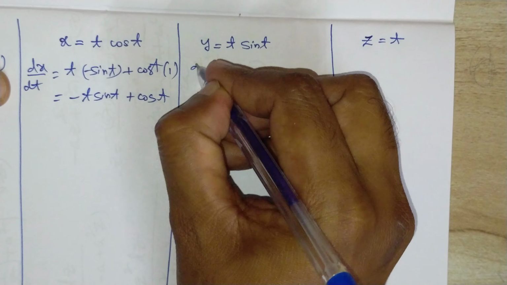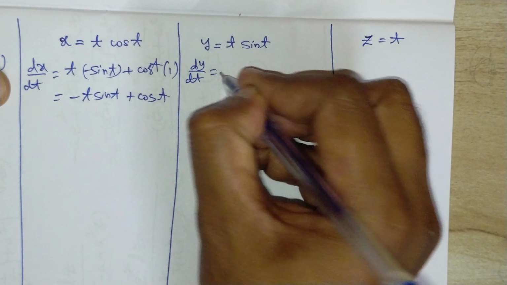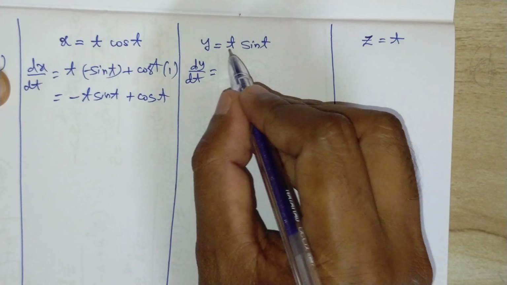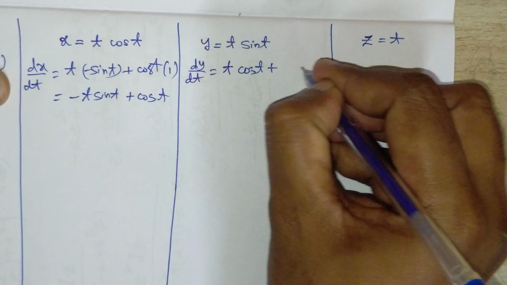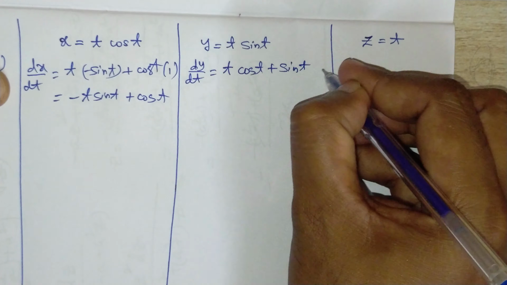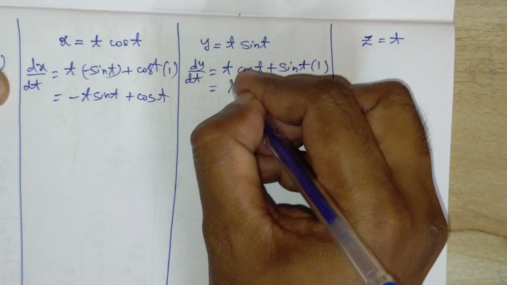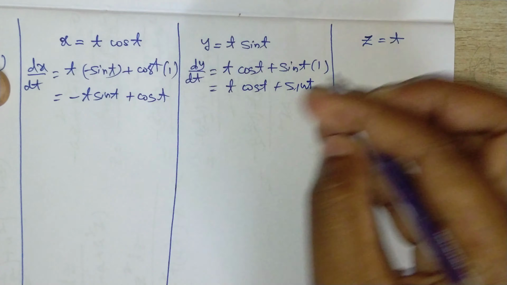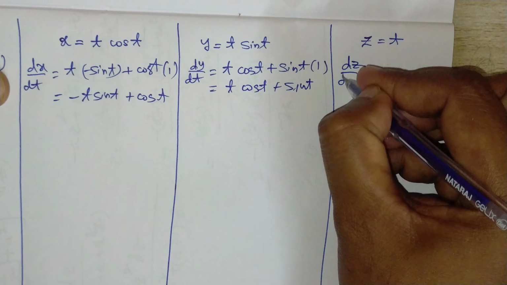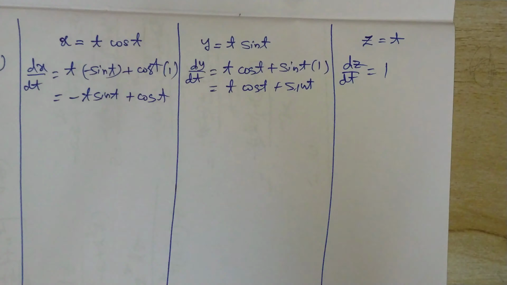So let us calculate dy by dt. Here also we have to apply the product rule since both of the functions are functions of t. So first function into differentiation of sin t is cos t, plus second function into differentiation of t is 1. So it is t cos t plus sin t. And the differentiation of z with respect to t. Here z equals t, so it is 1.